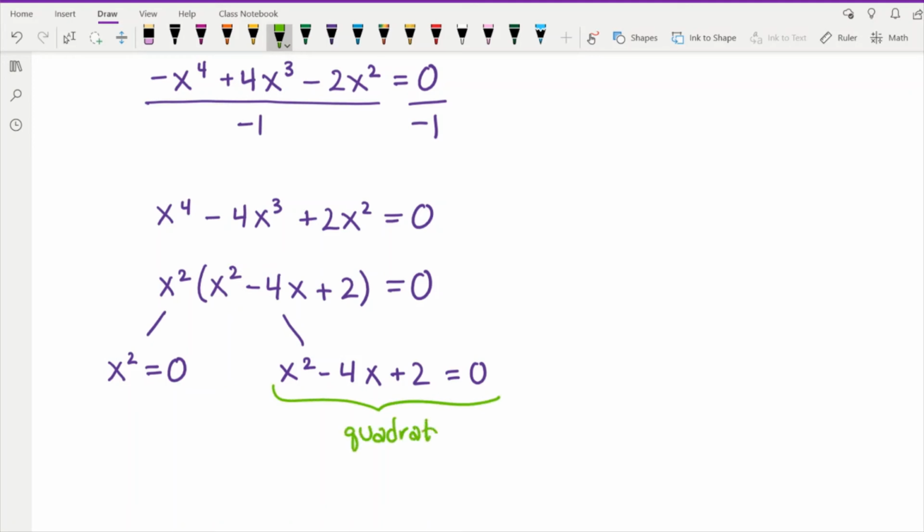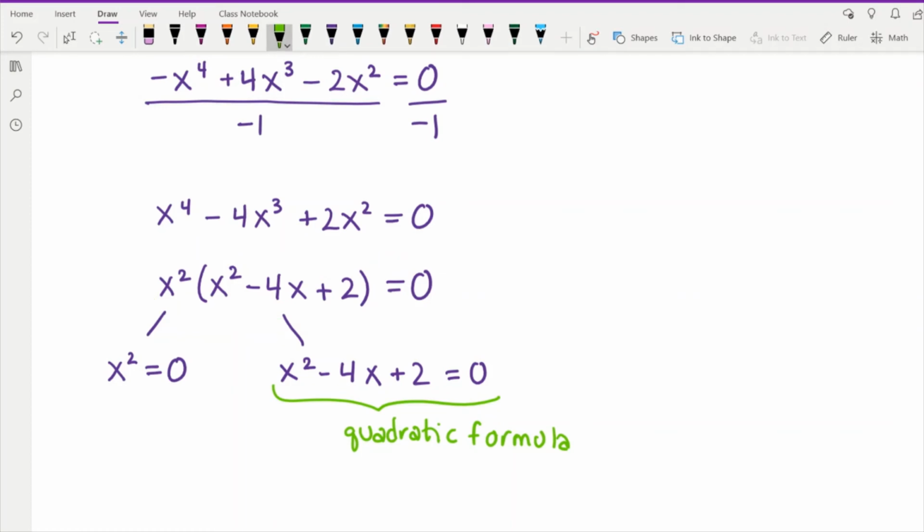You only use the quadratic formula when you have a quadratic expression set equal to 0. It doesn't make sense to use it otherwise. And now we do, so it is the right thing to use here, but I want you to understand that the reason you're using it is because you have this quadratic portion set equal to 0.